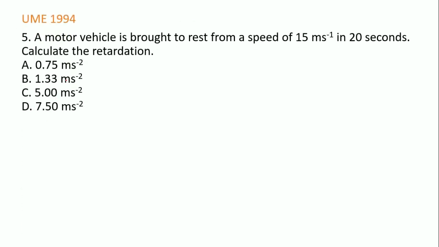Then UTME 1994 question number 5. We are told a motor vehicle is brought to rest from a speed of 15 meters per second in 20 seconds. Calculate the retardation. So the retardation, of course deceleration, is going to be the initial minus final divided by time. Or you could do it the other way, it's going to come out negative.